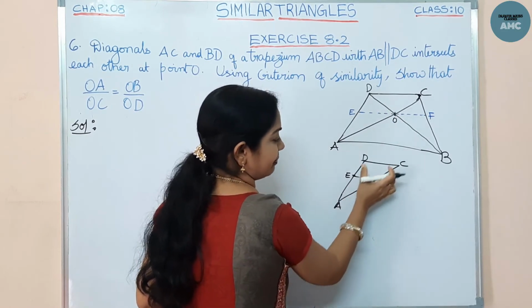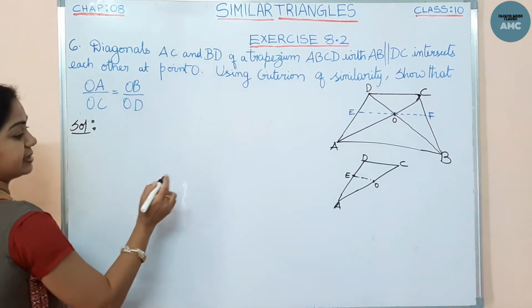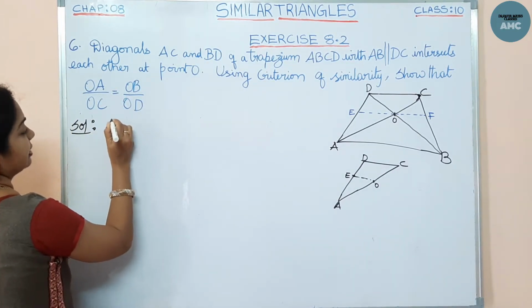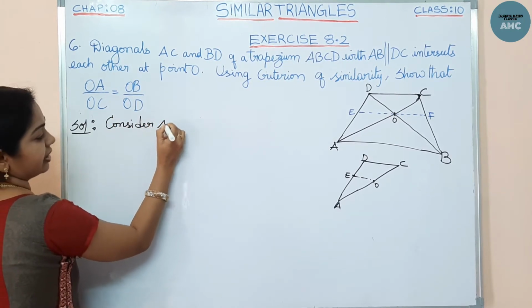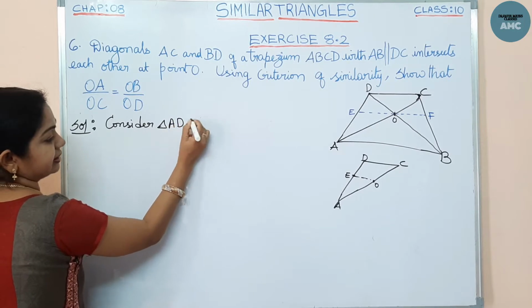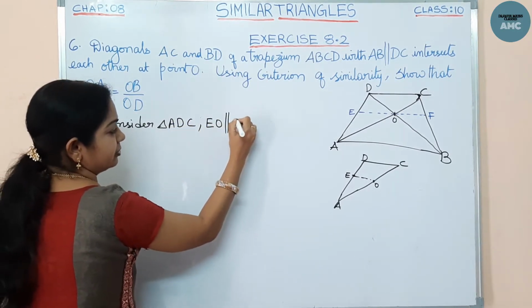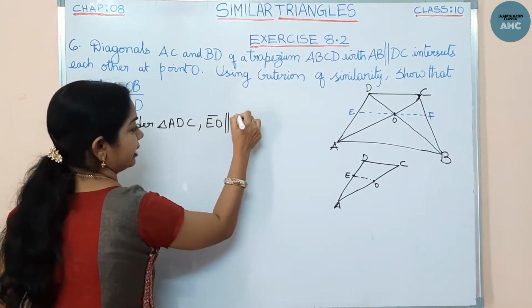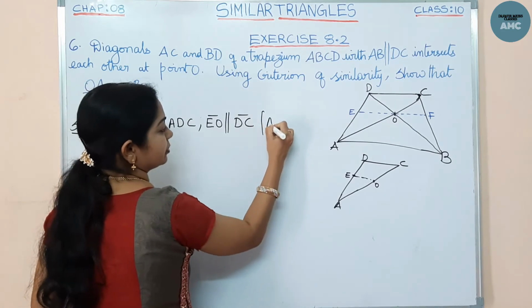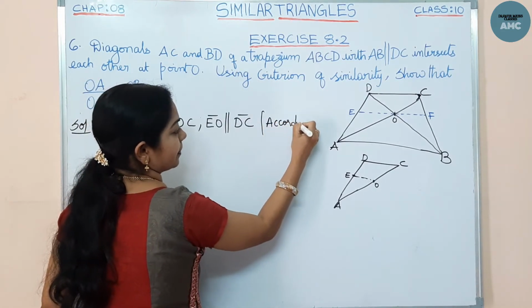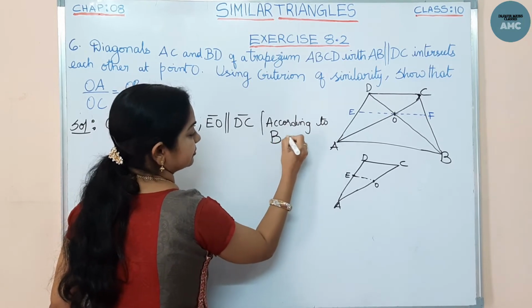That means, according to the basic proportionality theorem, consider triangle ADC. Here EO is parallel to DC. Now, according to the basic proportionality theorem.